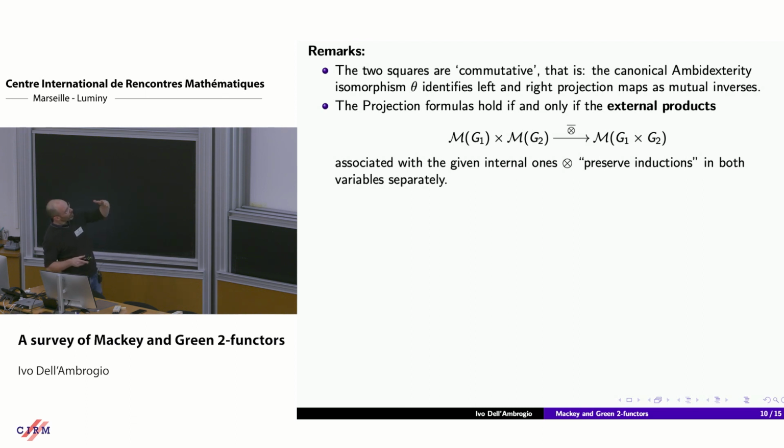The projection formulas hold if and only if these external products preserve inductions in each of the 2 variables separately. So this is maybe the more conceptual formulation of the axiom. You want morphisms of Mackey functors somehow in each variable, and then it transforms into the projection formulas.